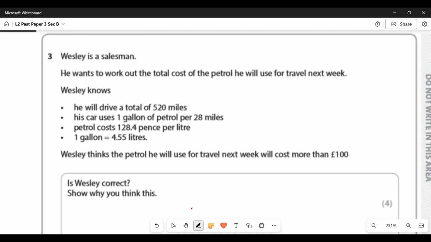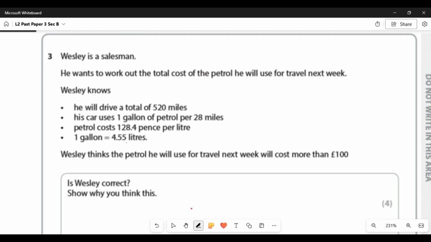You're going to have to change the miles to gallons, and then gallons to litres, and then litres to pence or pounds. Well, pence first and then to pounds. And then you can compare it with the £100 here. Yes, that's the plan. So let's change the miles to gallons.